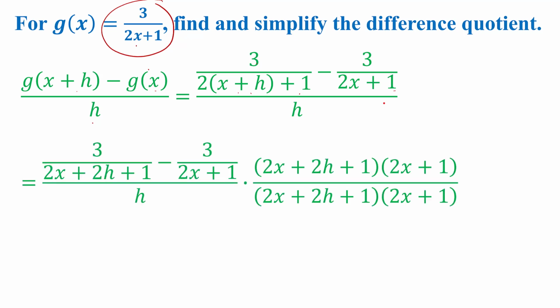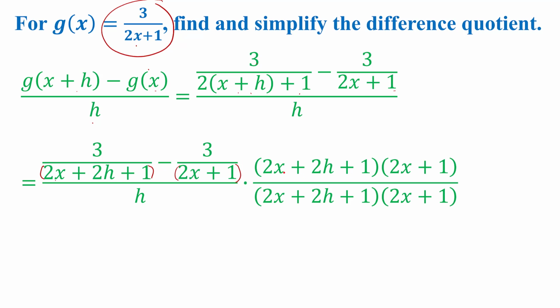In the next step, and this is a little bit different here, what I'm looking for is the common denominator. I'm looking for the least common denominator amongst all of the fractions within my fraction here. There are only two denominators showing, 2x plus 2h plus 1 and 2x plus 1.